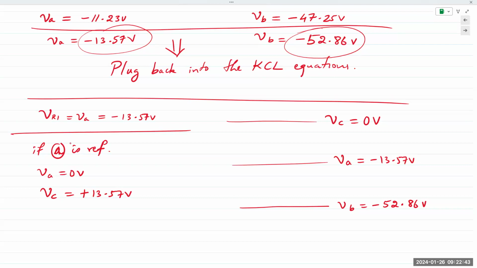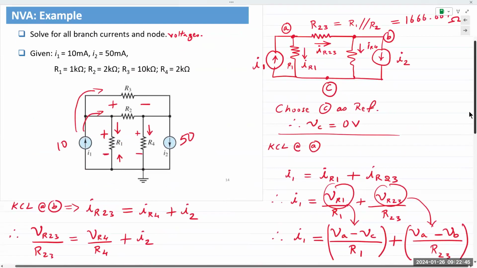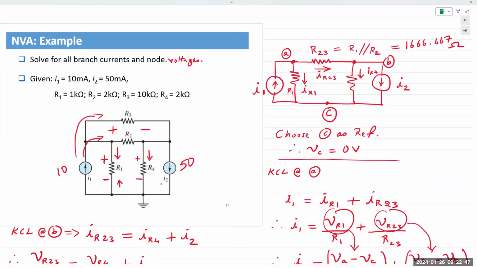You could also choose a different direction for your current. Instead of current going this way, you could simply choose current going up. No, that doesn't matter, because the polarities come after we make the assumptions for the current.